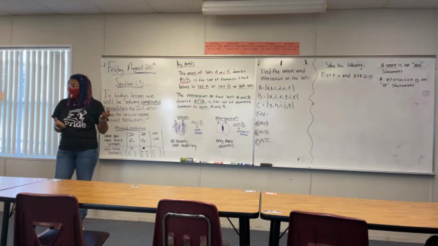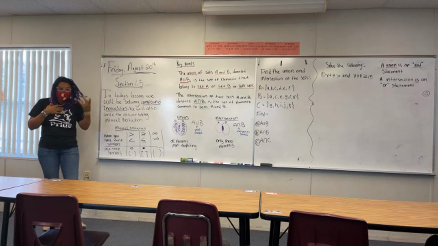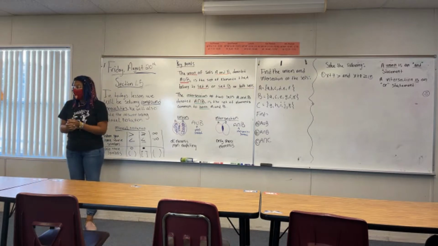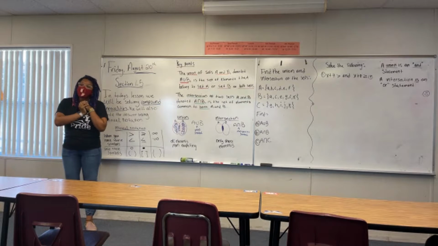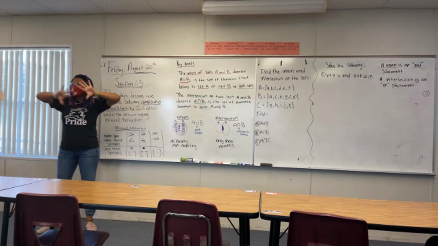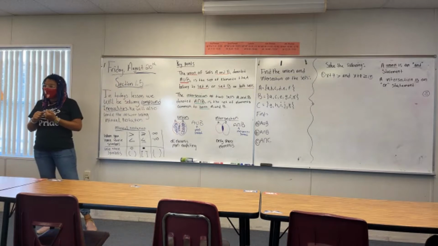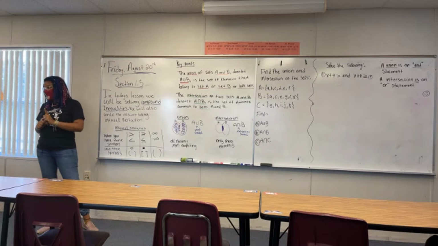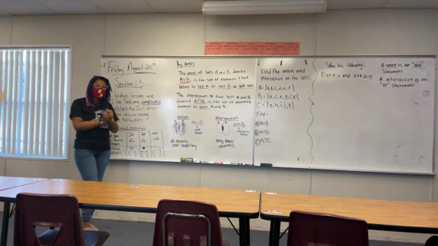For the intersection, which kind of makes sense in the name, at least to me, you're looking for the solution set that they both share. So the things that they both have the same, right? So for the union, I want the answer for both. For the intersection, I only want the answer where they both meet, what they share, okay? Make sure you know both differences.